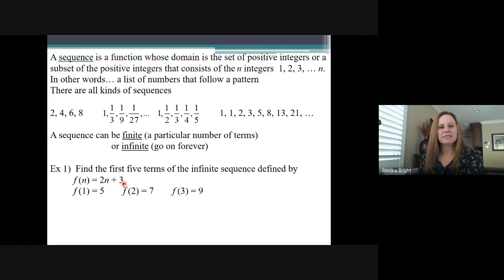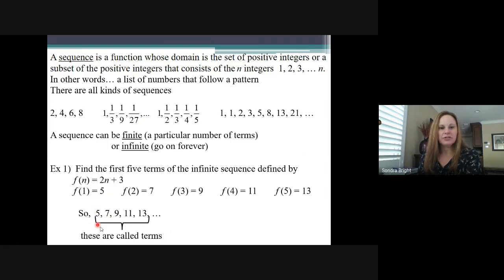Plugging in a 3, 6 + 3 gives you 9. Plugging in a 4 gives you 8 + 3, which is 11. And then plugging in a 5 gives you 10 + 3, which is 13. And so your infinite sequence, the first 5 terms, would be 5, 7, 9, 11, 13, and then the dots to represent that it is an infinite sequence. It's going on forever and ever, and it's not ending.